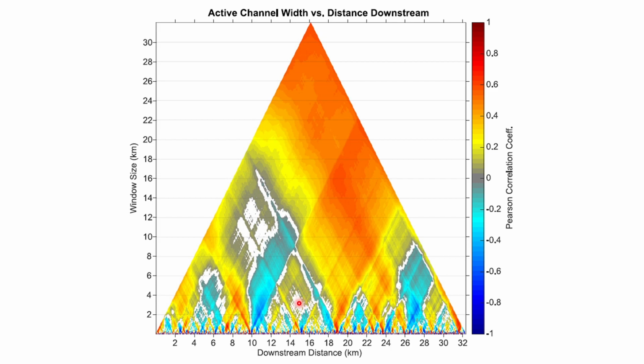The blank areas here are not statistically significant correlation, so the width is staying constant. In the lower part of the stream down here, it's getting wider, wider, wider, but then it gets narrower for a section, and then it gets wider at the end.